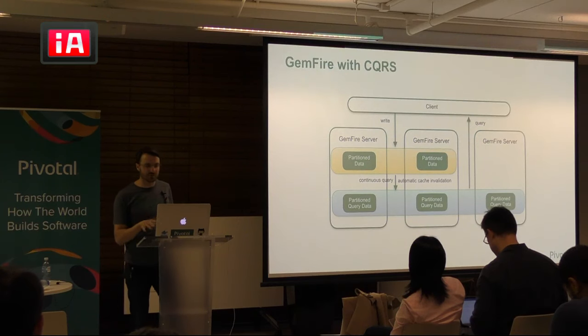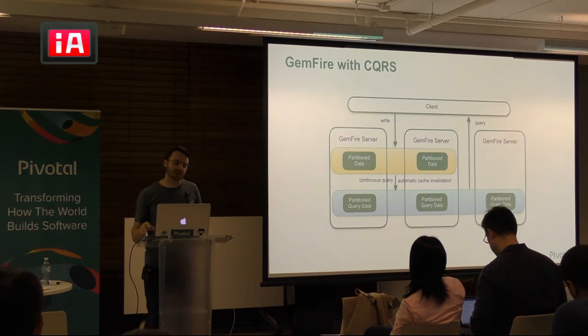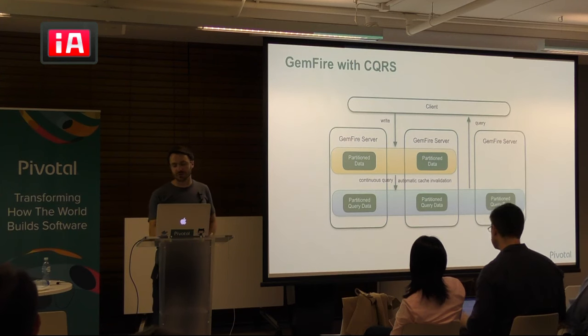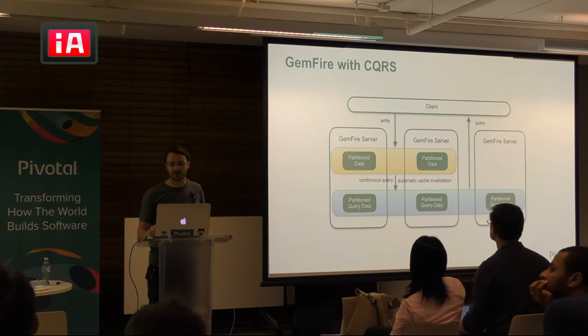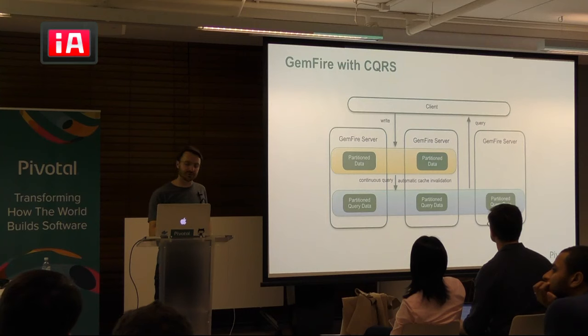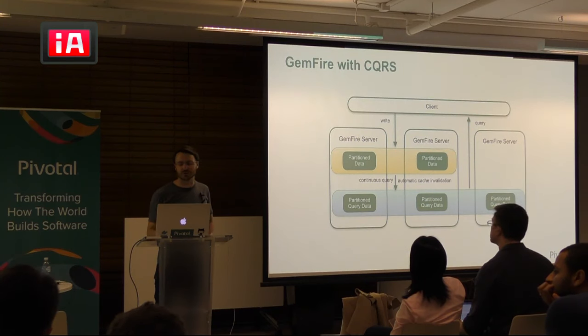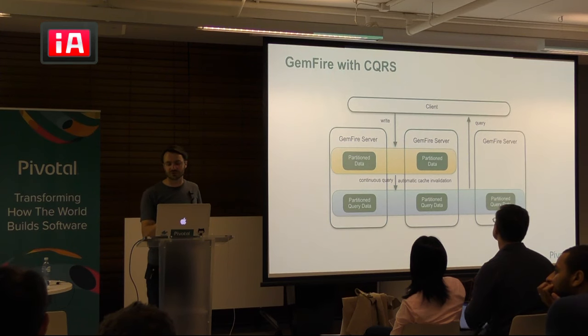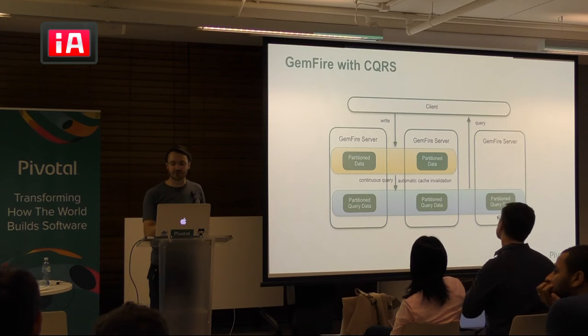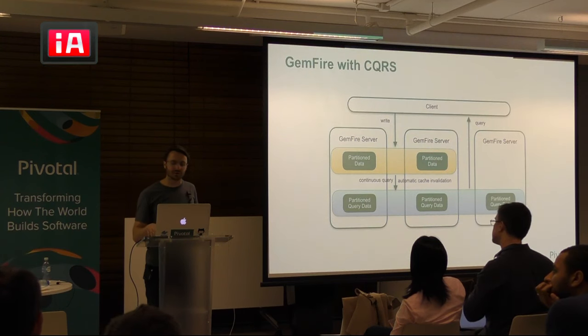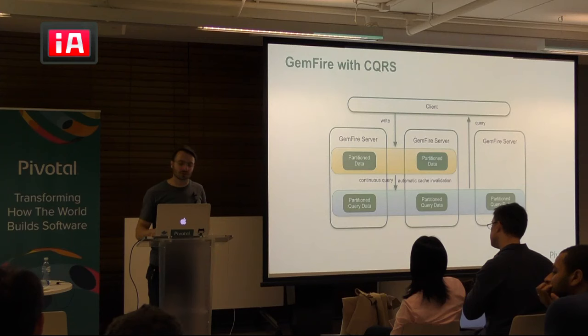For an implementation of CQRS in GemFire, you would create multiple partition regions. We've got three GemFire servers here, writing events to GemFire. You can define two partition regions. Think of partition regions as tables. Each one of these tables will have a different data model, and you can scale them differently in GemFire.